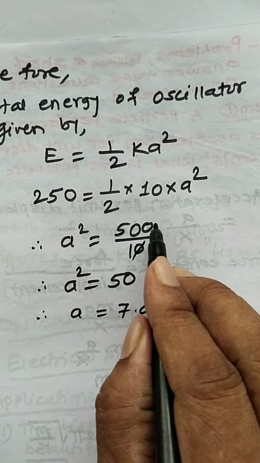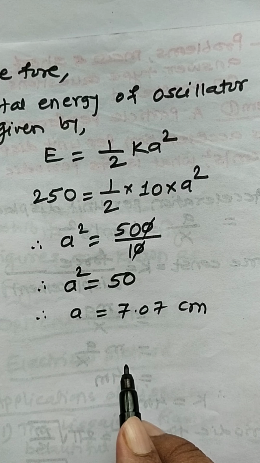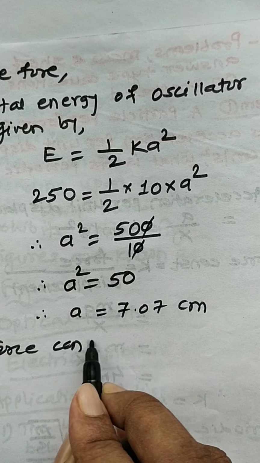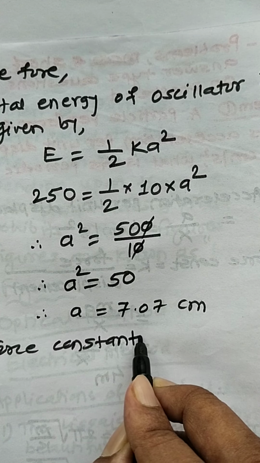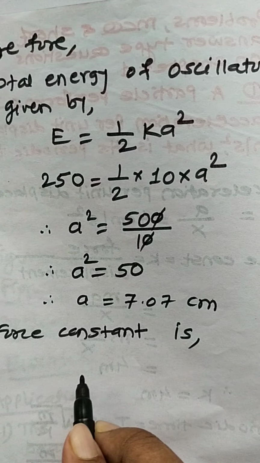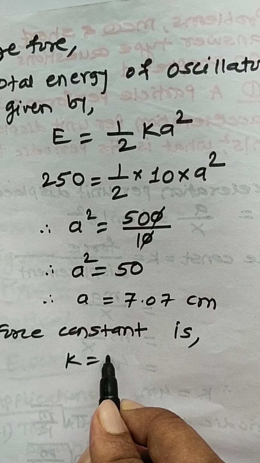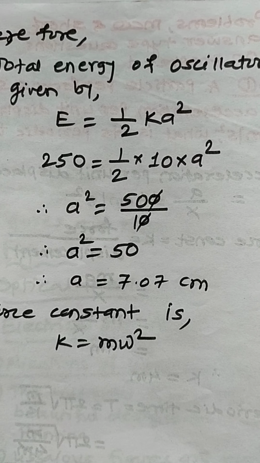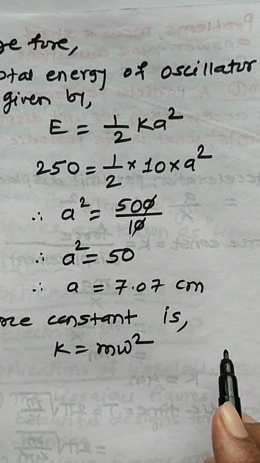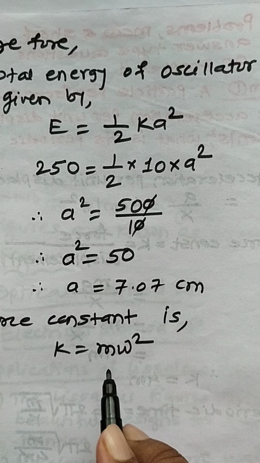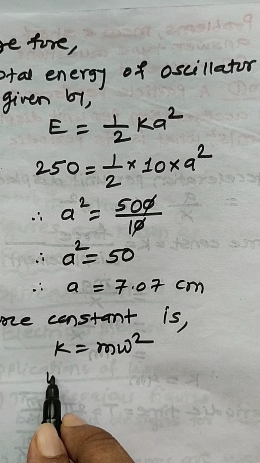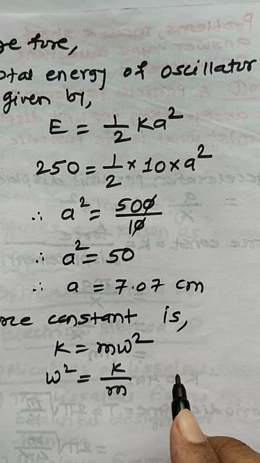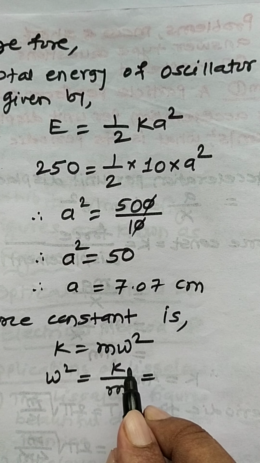Okay, here one so 50. Okay, and force constant, we know force constant k is equal to m omega square. Okay, k is equal to m omega square, and so therefore here omega square is equal to k upon m, and that is equal to, what is value of the k?